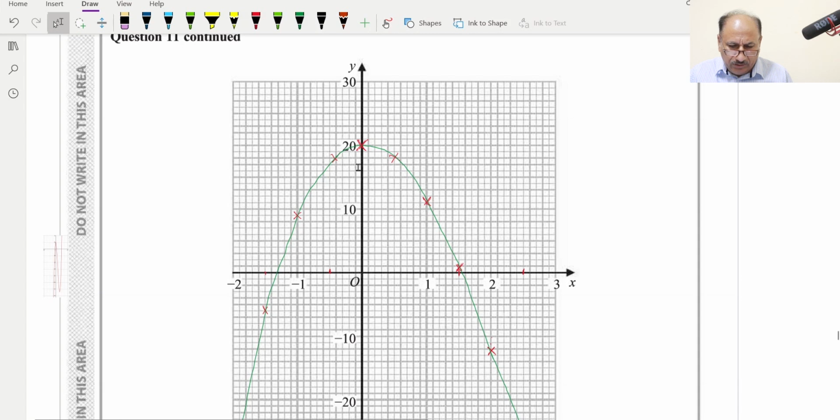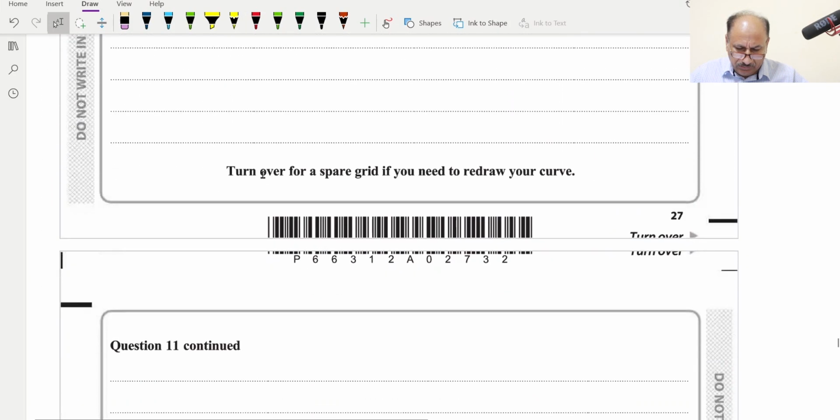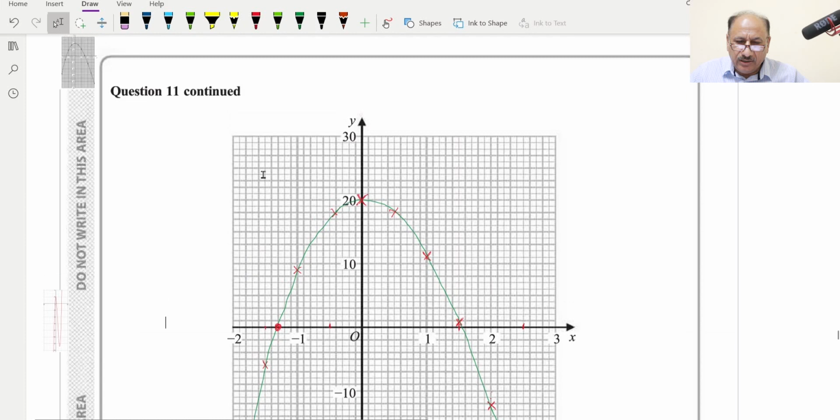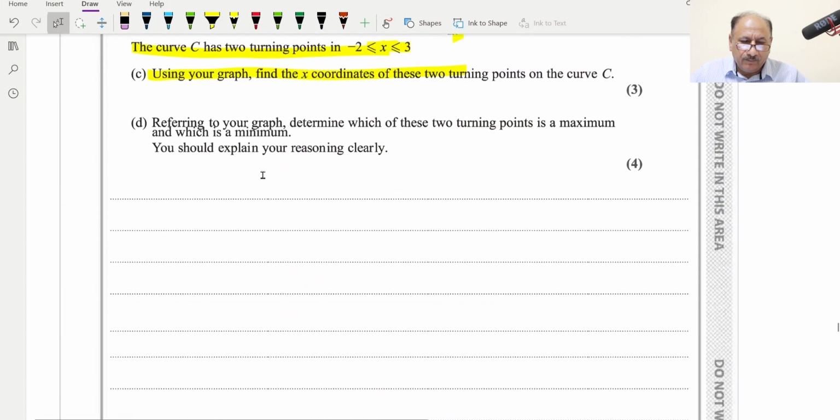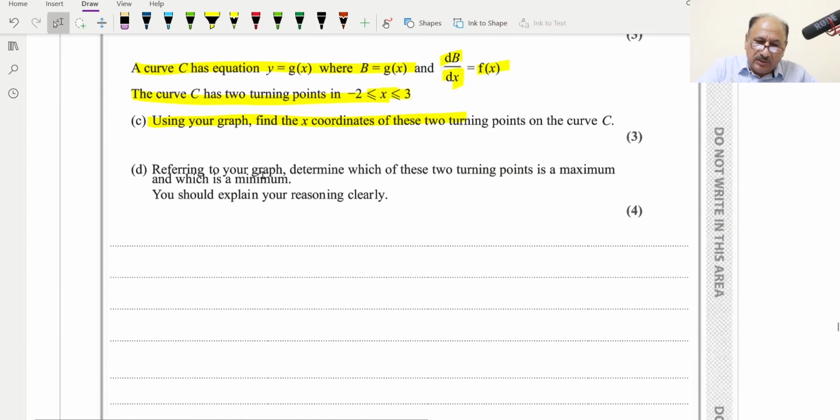So the x value, x intercept, we can check this one. This is one value, which is minus 1.3. So I will write it at the proper place, over here. This is our C part.